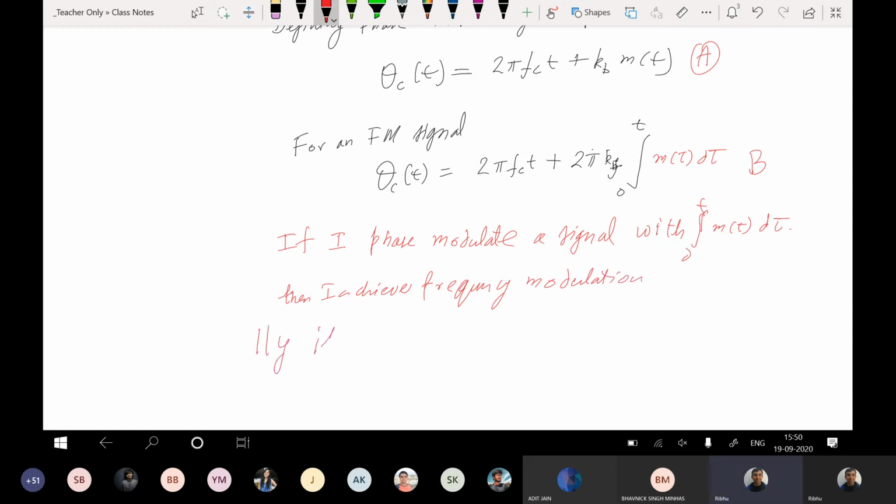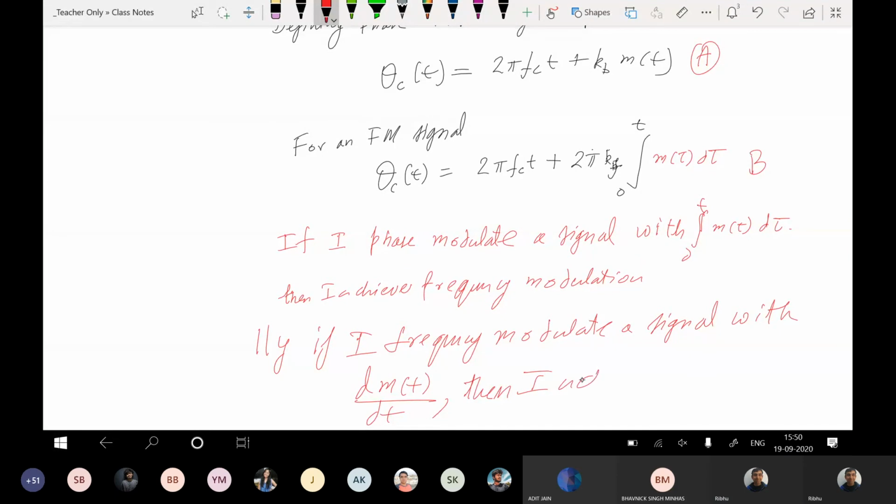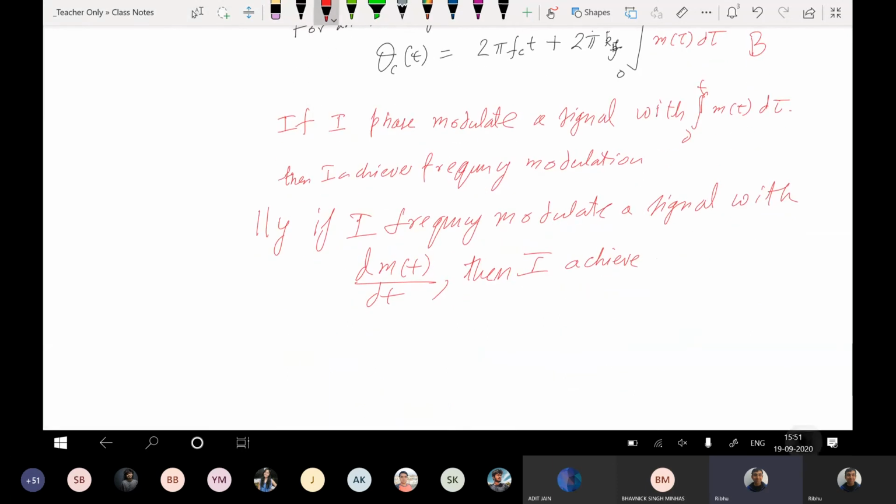Similarly, if I frequency modulate a signal with dm(t) by dt, then I achieve phase modulation.